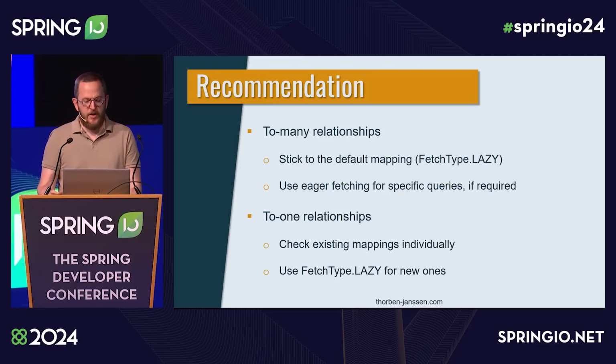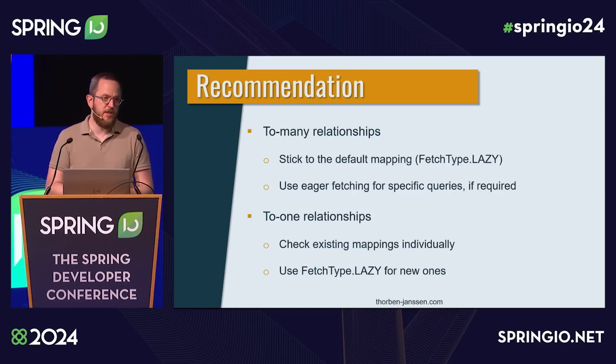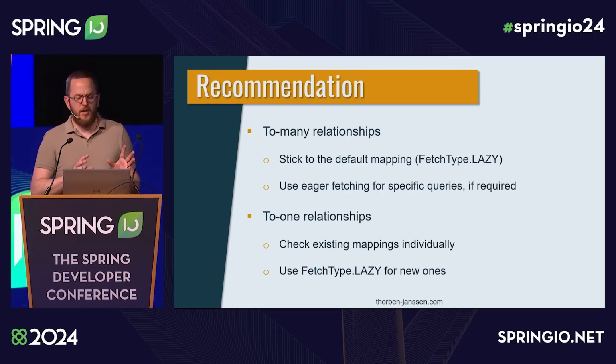And that brings me to my recommendations because fetch types and the issues with them are so many years old that most developers are quite familiar with that. And I want to show you what to do next after optimizing this. So my recommendation here is, for to-many associations, please stick to the default. I see it quite often that teams set the fetch type on a one-to-many or many-to-many association to fetch type eager.